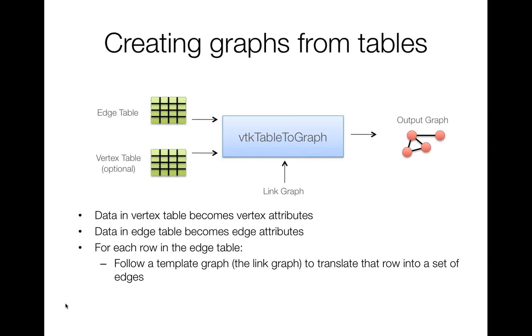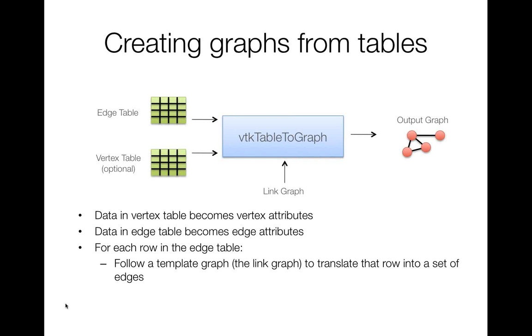A graph is made up of the nodes of the graph along with the links. So the tables that come in are the properties of each of those. The table that's normally the most important is defining the connectivity of the graph, and we call that the edge table. And the one that defines additional properties on the nodes or vertices of the graph we call a vertex table.